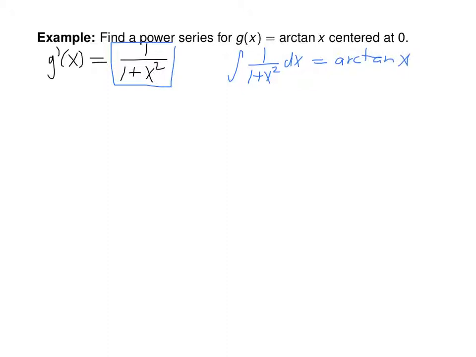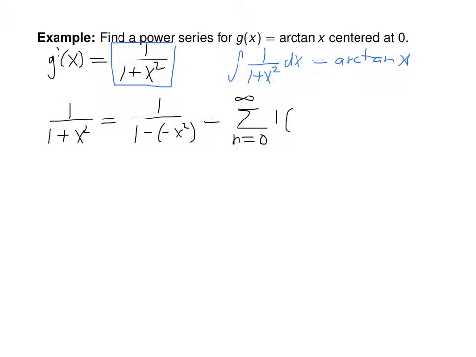Alright, so now notice that 1 over 1 plus x squared is the same thing as 1 over 1 minus negative x squared. So taking a equal to 1 and r equal to negative x squared, we'll have a sum from n equals 0 to infinity 1 times negative x squared to the n, which is the same thing as the sum from n equals 0 to infinity negative 1 to the n, x to the 2n.